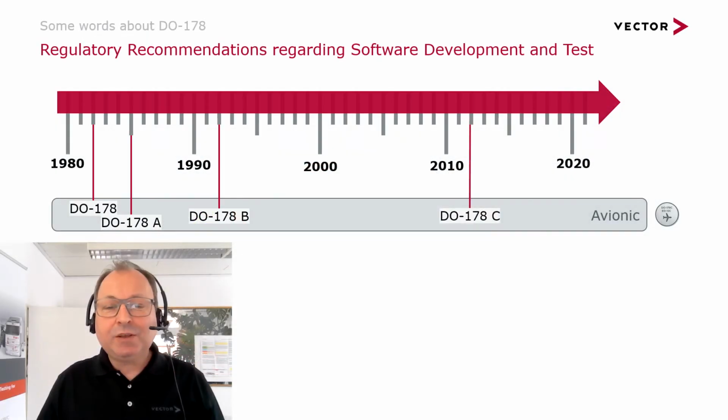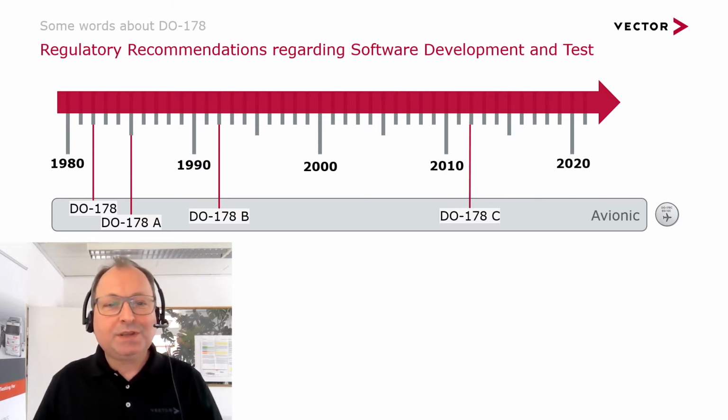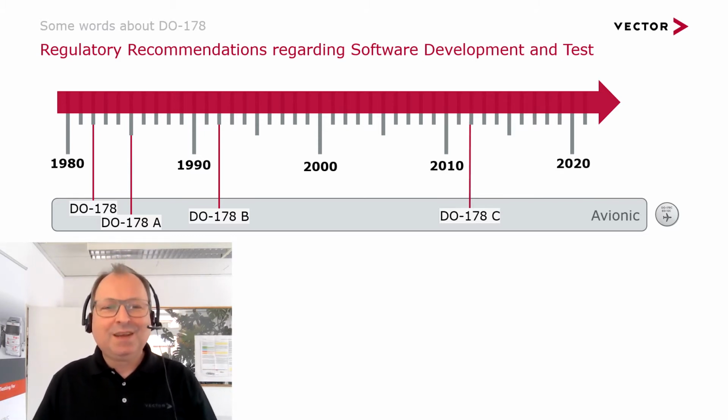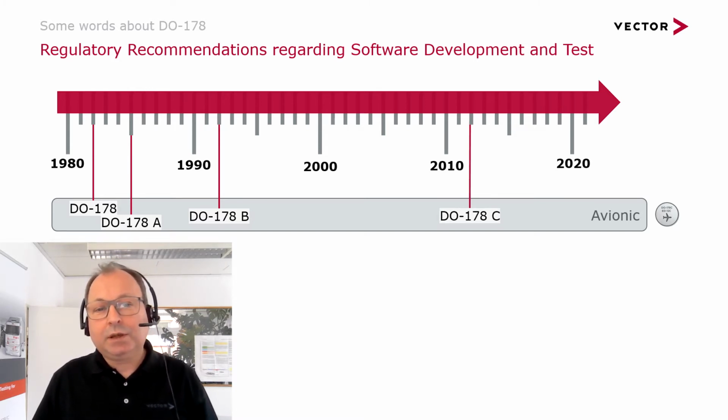And as mentioned, we started in the avionic industry, so let's first have a look at history. The history of avionic started even in the early 1980s with the DO-178. And already in the DO-178B, 1992, a dynamic software test process was required.